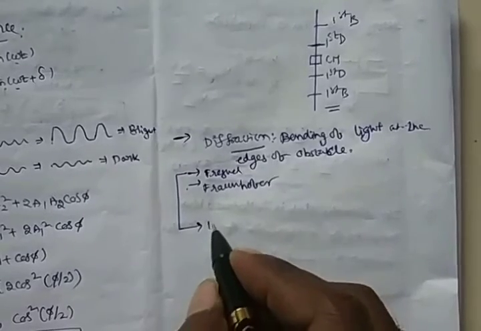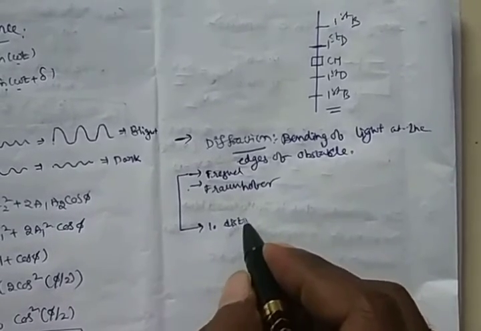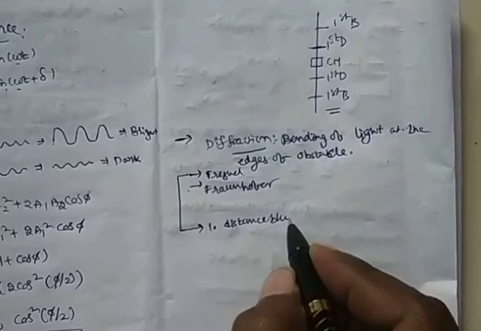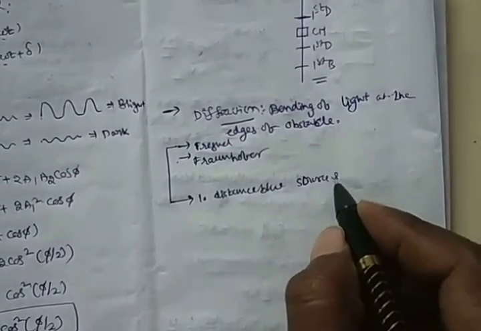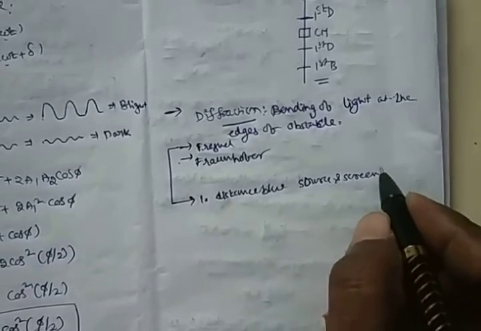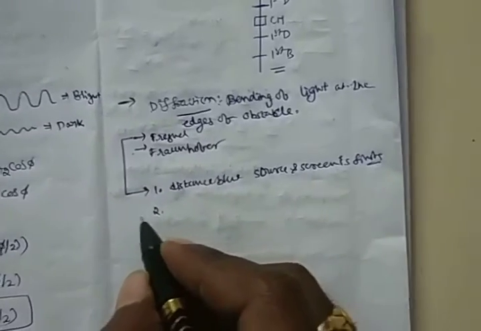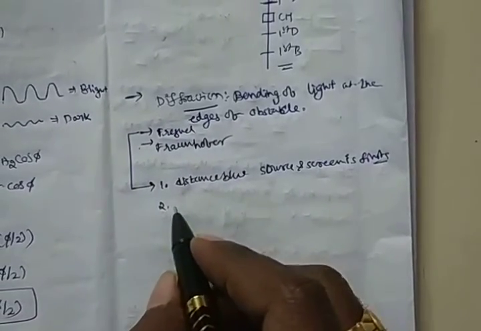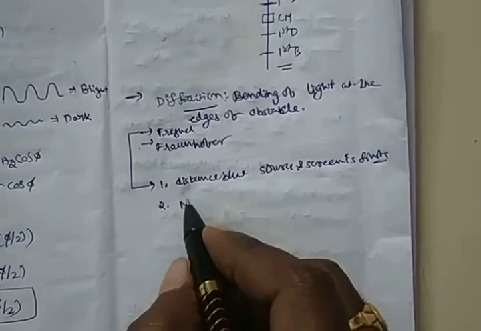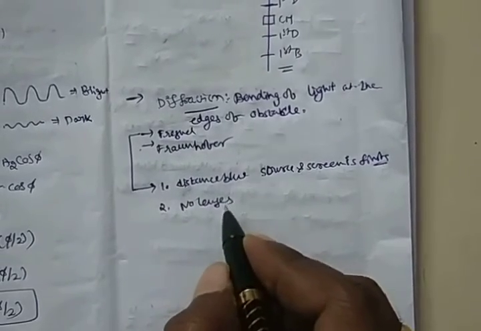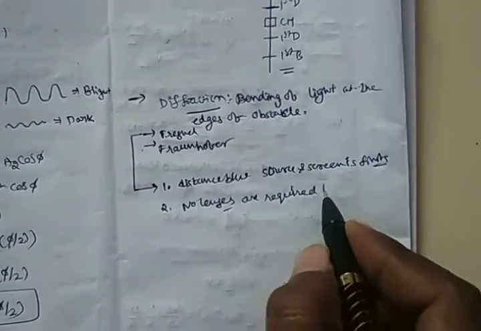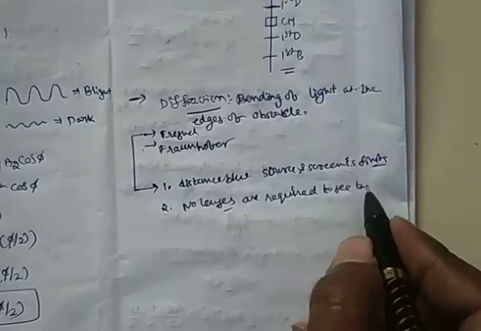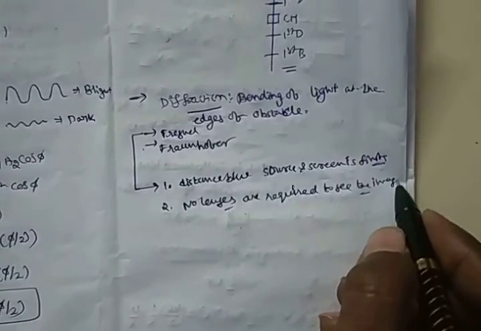According to Fresnel, the distance between the slit and screen, that is source and screen, is finite. Second point, no lenses are required to see the diffraction pattern.